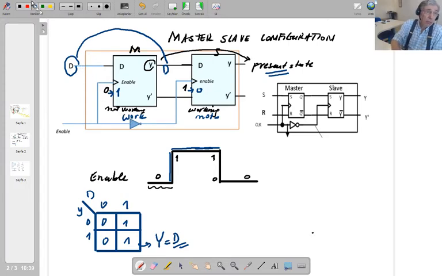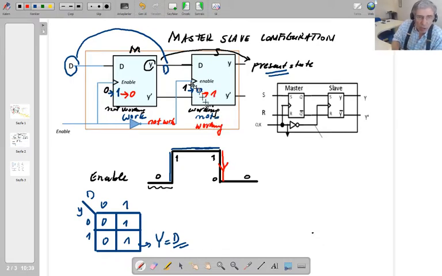Now the critical point: when the enable input changes from 1 to 0, that's the negative edge. What happens? This 1 is going to be 0. That means not working. When this changes from 1 to 0, this is going to change from 0 to 1. It's going to be working.